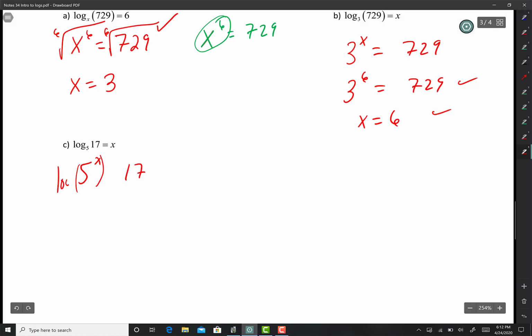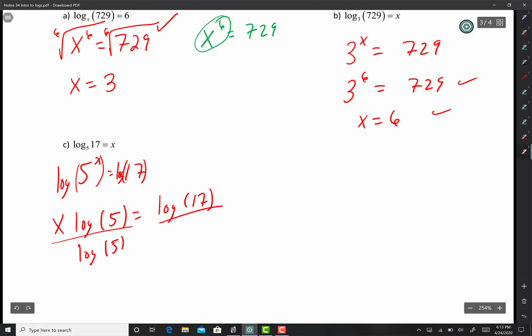So bring that x to the front: x log 5 equals log 17. Now that I have x here, if I want to get it by itself, I just divide by log 5. And there it is, guys.